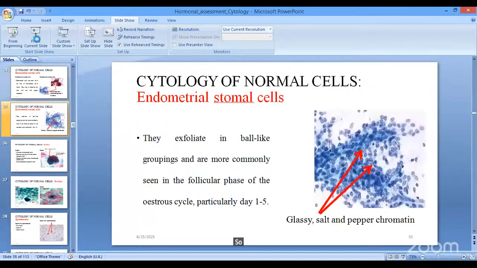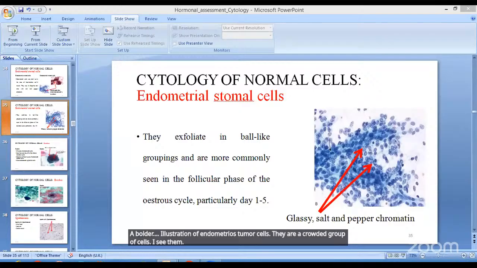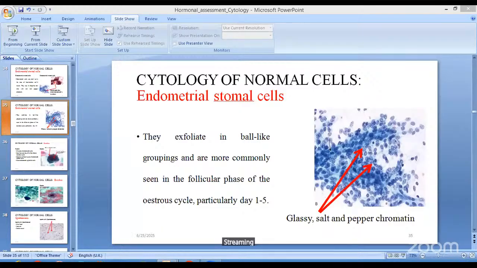So this slide is to make a bolder illustration of endometrial stroma cells. They are a crowded group of cells. I see them streaming amidst one another, but the nucleus is granular and glassy. So that's salt and pepper chromatin. It's a very important feature for identifying endometrial stroma cells.